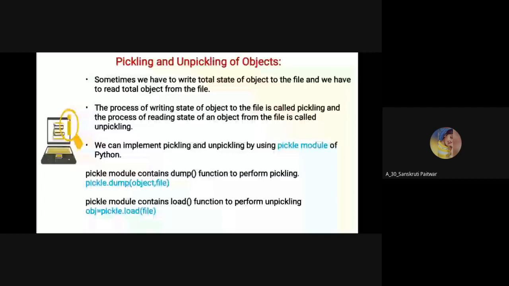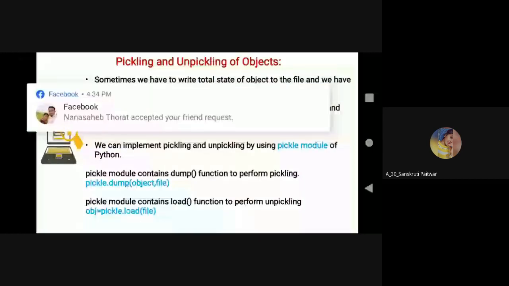So we'll see what is pickling. Sometimes we have to write the state of an object to a file, and we have to read the total object from the file. What is meant by state of object?